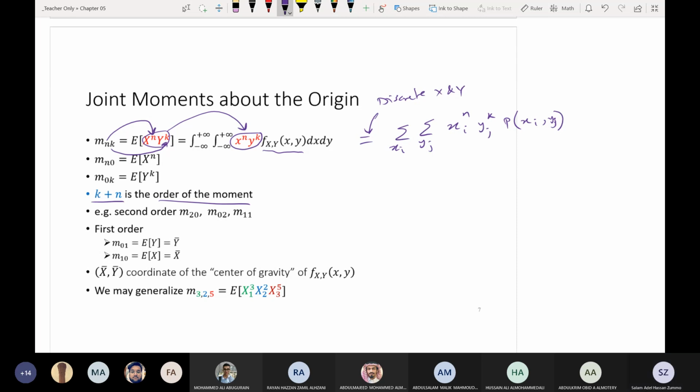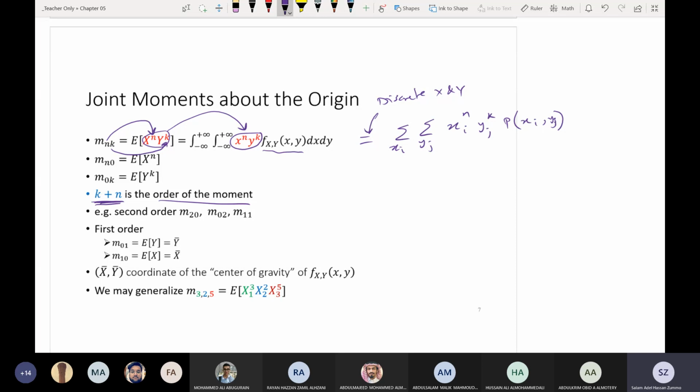So from here, we can see that the k plus nth order joint moment is m_nk, which is the expected value of x to the power n, y to the power k.